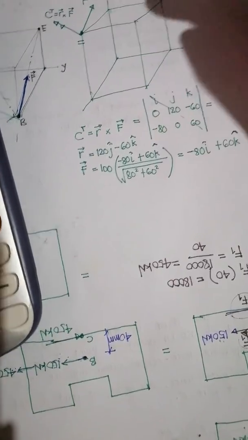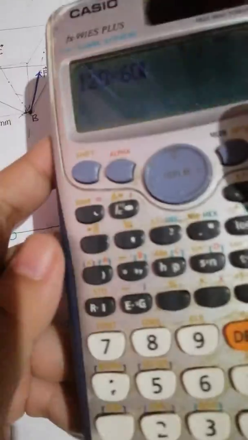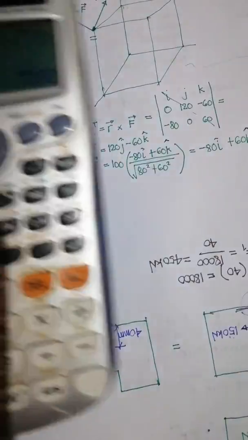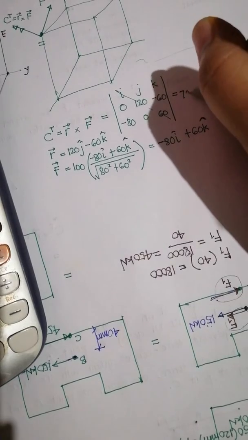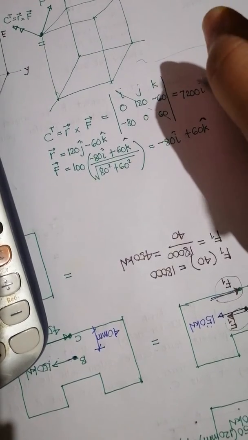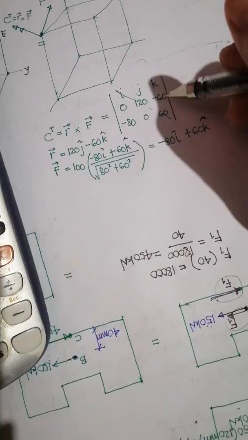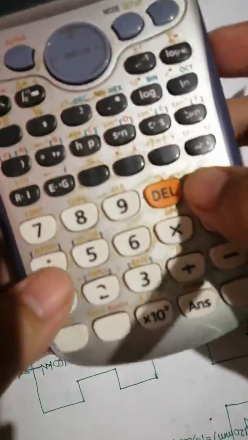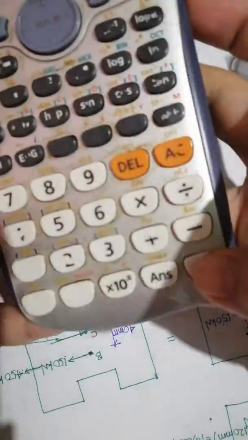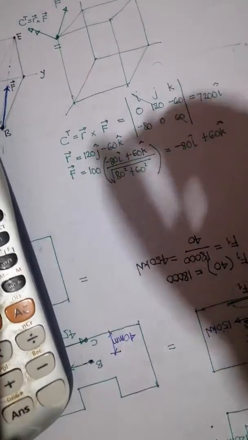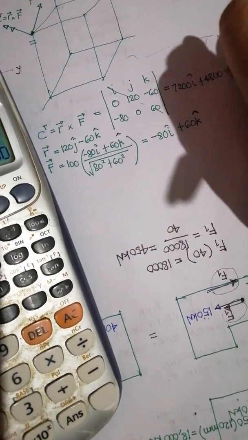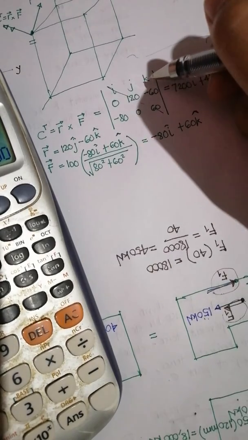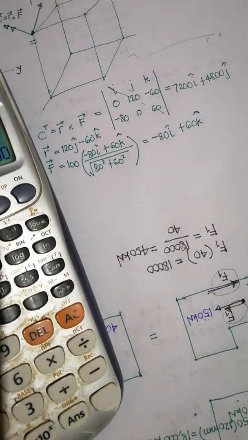We will be performing the basket method to get the determinant. That's 7,200 i hat. For j hat, we have negative 60 times negative 80, that's 4,800 j hat.